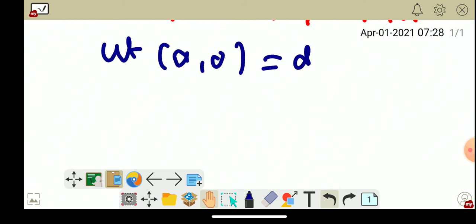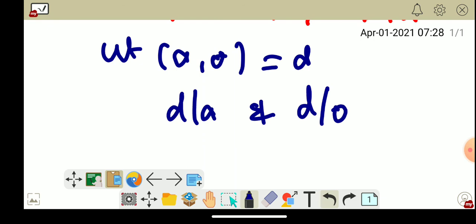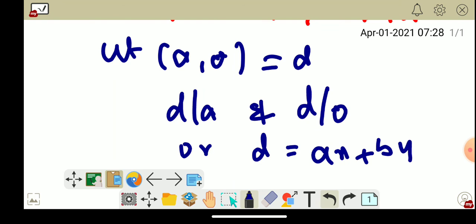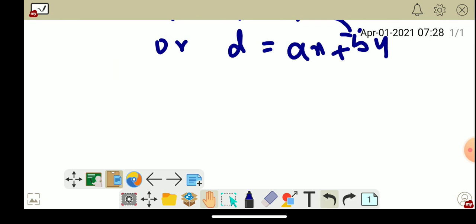Now GCD of A comma 0 is equal to D. That means D divides A and D divides 0, or we can write D equal to, according to AX plus BY, with BY being 0, D equal to only AX.